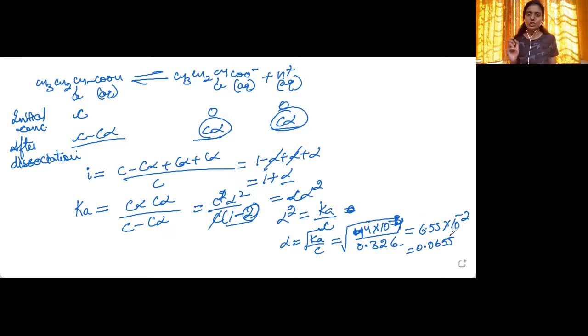Okay, now we need to find out the value for i. So i is equal to 1 plus alpha, so it is equal to 1 plus 0.0655 equal to 1.0655. So I'm again noting it down, 1.0655. So let's now put the values in the equation for delta Tf.